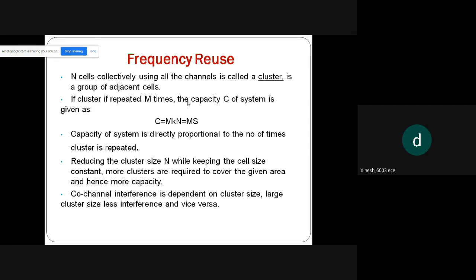If the cluster has C as the capacity, and M is the repetition, which is repeated for every A repetition, B repetition, C repetition, D repetition, E, F, G repetition, which is your factor. Then the capacity can be calculated by C is equal to M times N, where N is the number of cells. So together we can write C is equal to MS, because S is equal to KN.